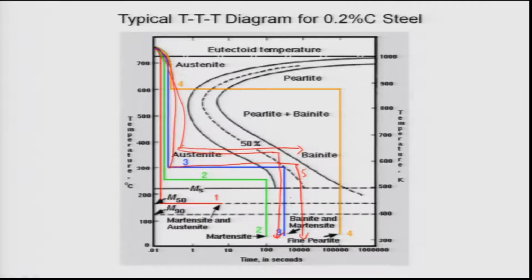And the 4 which is shown here leads to pearlite, obviously, because you are cooling it down and keeping it at a high temperature, 600 degrees Celsius, for a long time. So, as you cross these noses, you will form pearlite, as I told you earlier also. The moment you cross these curves, pearlite is bound to form, because that is the most stable product in these systems.